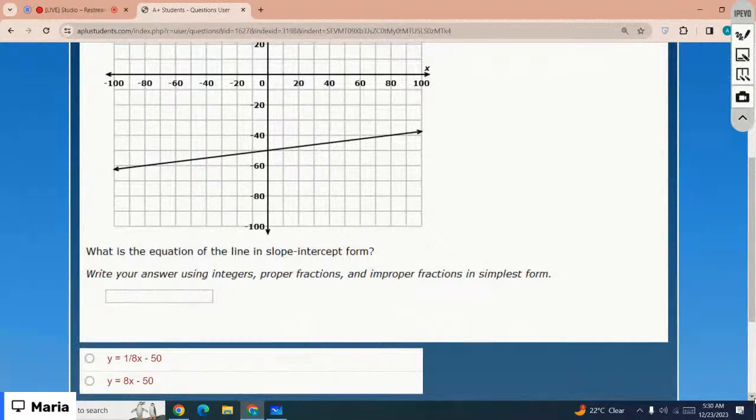The correct option is option number 1. Y equals 1 over 8x minus 50 is the correct option.